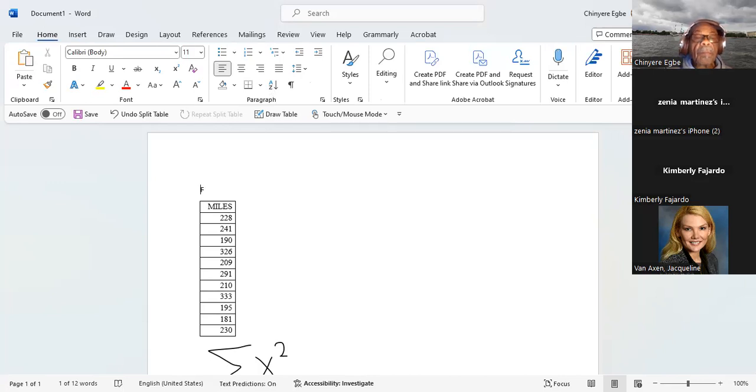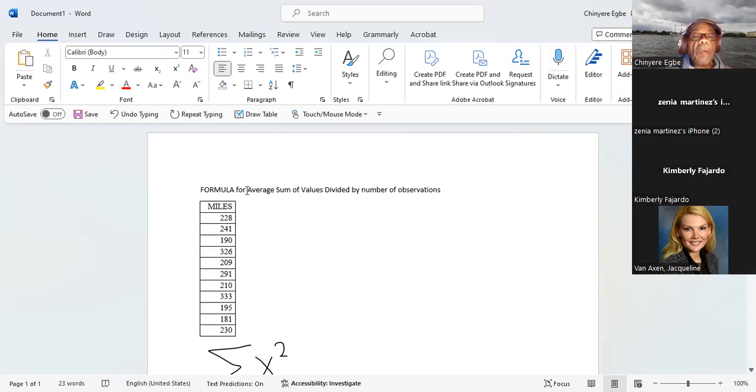The formula for average is the sum of values divided by the number of observations. And so here we have 10 observations: 1, 2, 3, 4, 5, 6, 7, 8, 9, 10, 11. I have 11 observations.